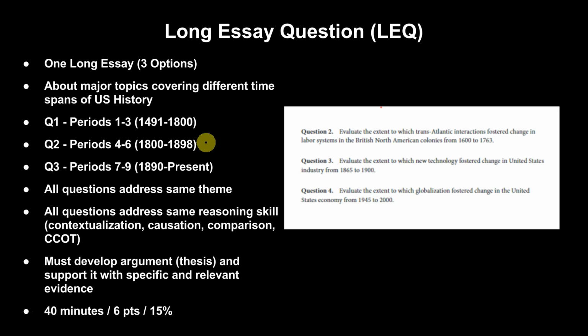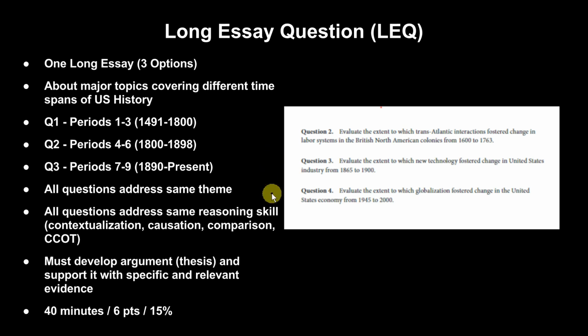Now, all questions will address the same theme, and we'll talk about themes later, but we'll just say one of the themes is American identity. So if that's the theme that they're trying to assess, all 3 questions will be that same theme. And again, you're going to choose the time period and the topic that works best for you.